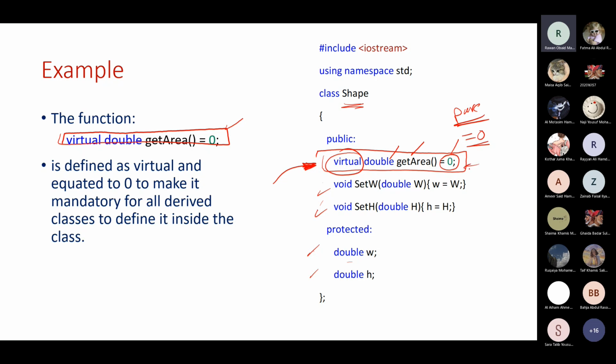This function should be defined in that class. It's not defined here, not like there: set W, W equals W. It is defined here, but this one was not defined. That's why the subclass should define it.